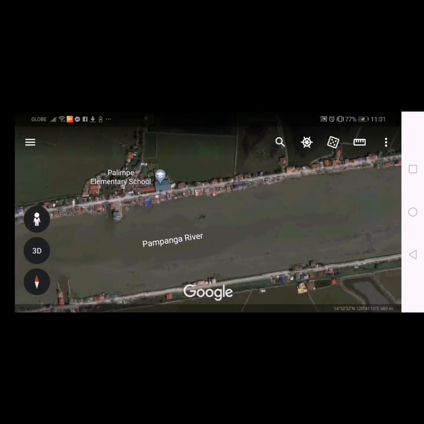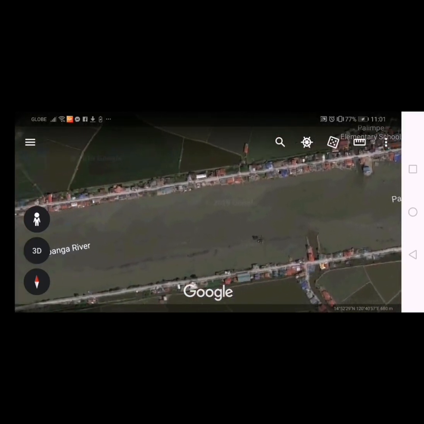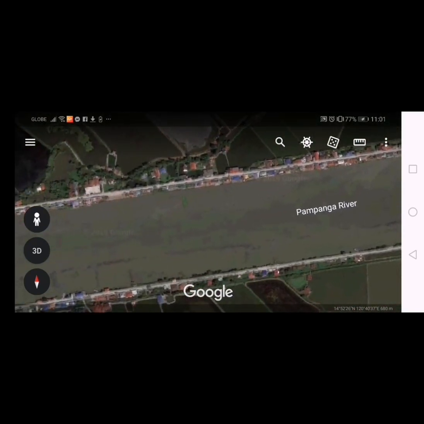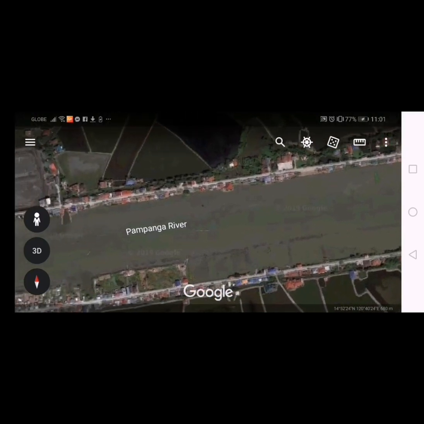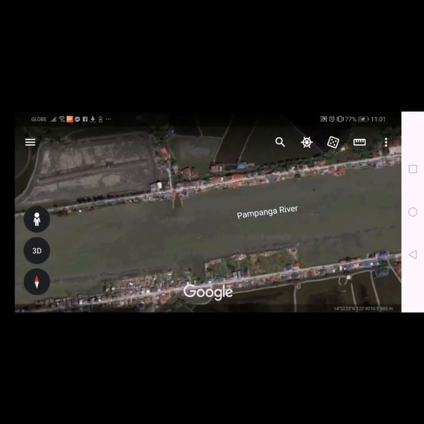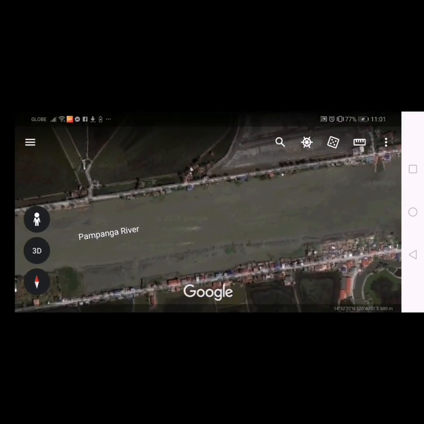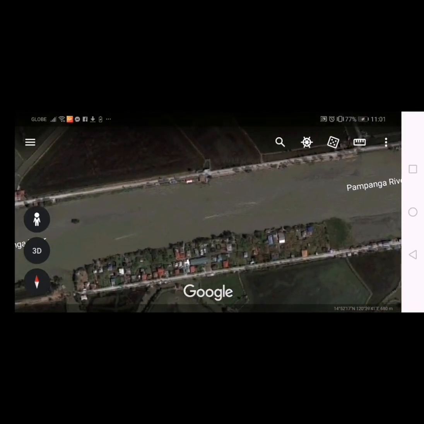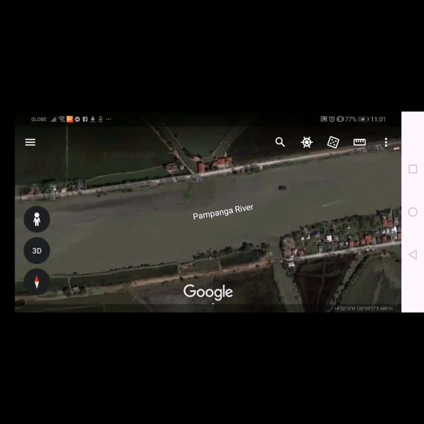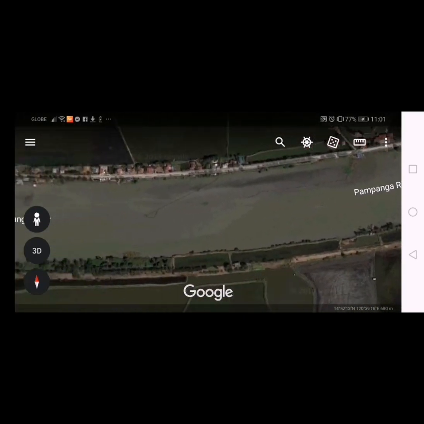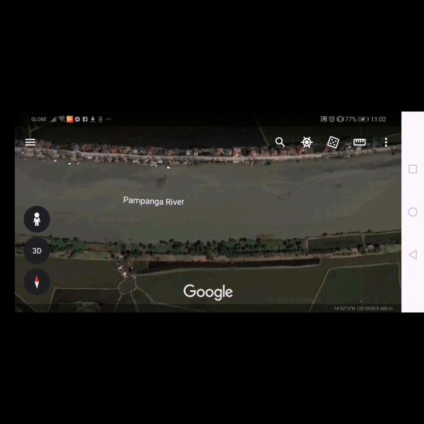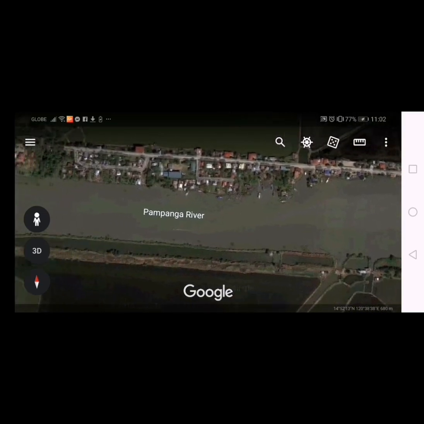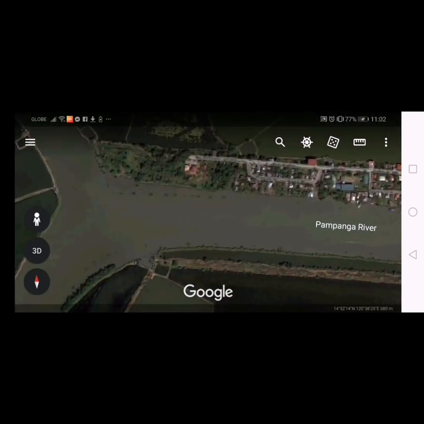So it's obviously man-made because the width of Pampanga River is uniform in this area. So it's not natural for a river to have this kind of straight course. Now on this area where Pampanga River makes a turn, we're gonna see other unusual structures here.